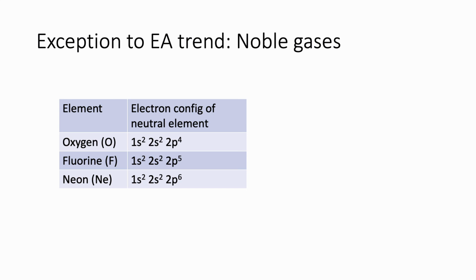So what I'm going to do is I'm going to look at 3 different elements: oxygen, fluorine, and neon. And I've put here the electron configurations of those neutral elements. So oxygen goes up through 2p4, fluorine 2p5, and neon 2p6. So now let's look at what happens if we add an electron to each of those elements.